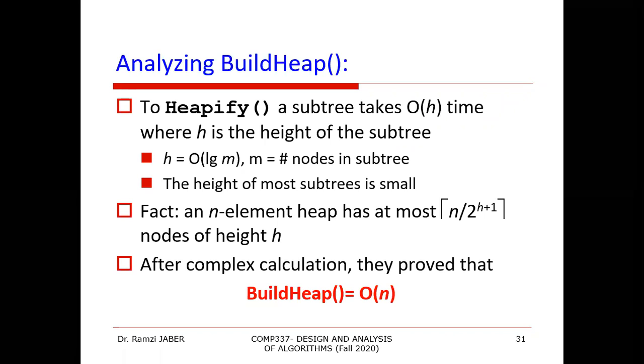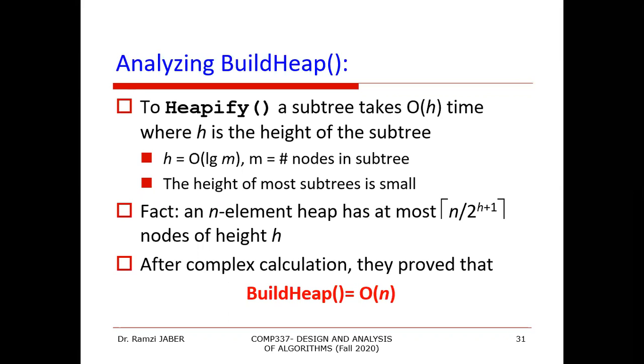Now, analyzing build heap. Heapify on a sub-tree takes order of h time, where h is the height of the sub-tree. Previously we calculated order of h equals order of log n. But here we don't have n elements, because we have sub-trees, so we have log m, where m is the number of nodes in the sub-tree, okay?